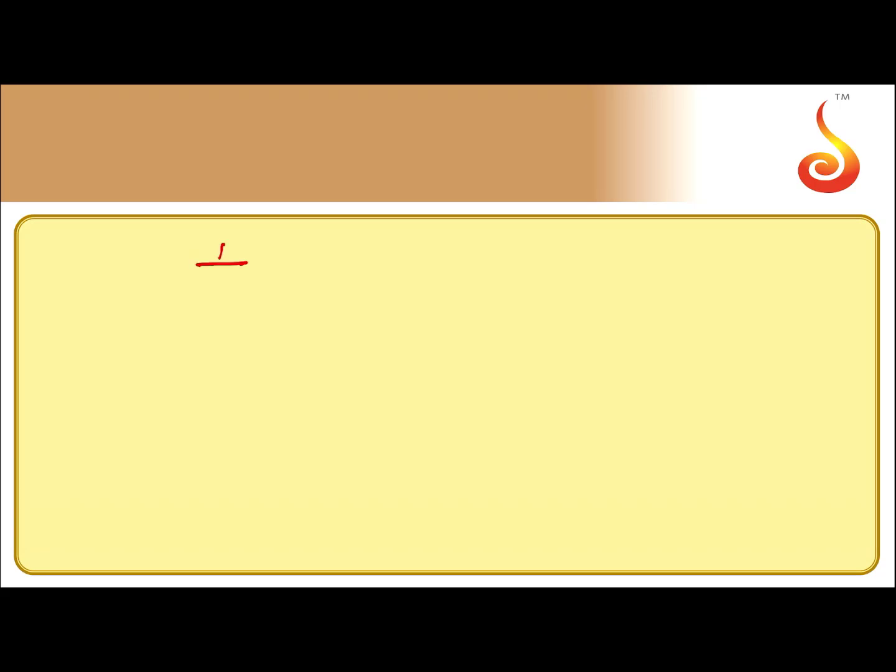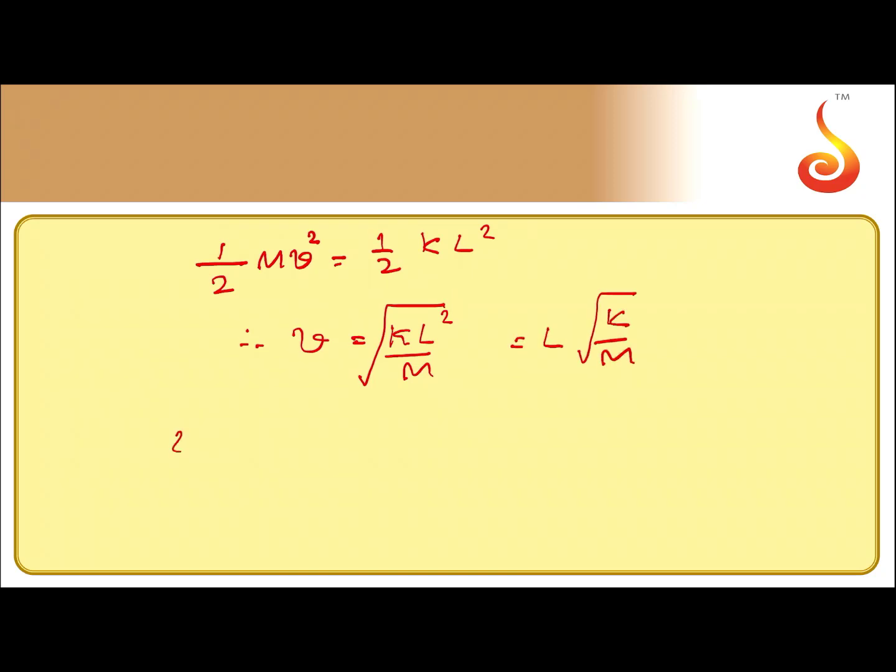Clearly its kinetic energy is given by half mv square, and that must be equal to half kL square, right? Maximum momentum corresponds to maximum compression. Maximum compression refers to L. So this gives us v is equal to the root of kL square divided by m, or it simplifies to L root of k by m, and momentum p is equal to m into v.